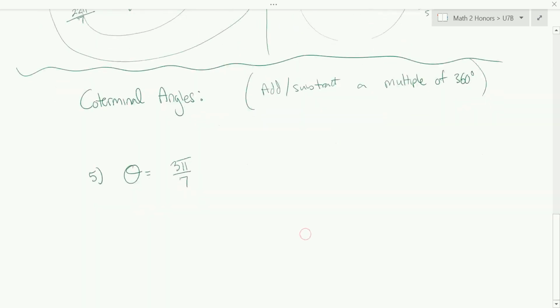So if I want to find a positive coterminal angle with 3 pi over 7, I'm going to add 2 pi to that. Well, we start with a fraction. When you add fractions, what do you need? Common denominator. And so with radians, the common denominator is going to be important here. So I'm going to have to multiply top and bottom by 7 here.